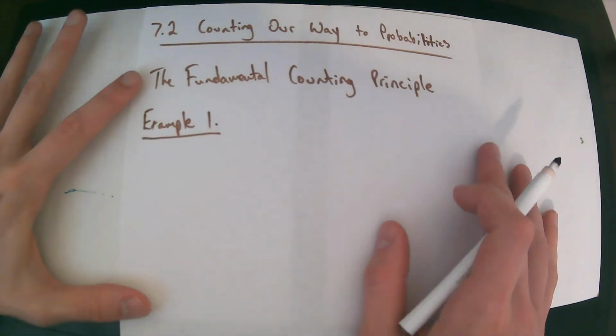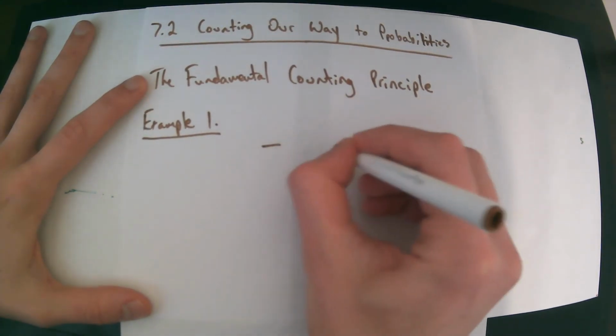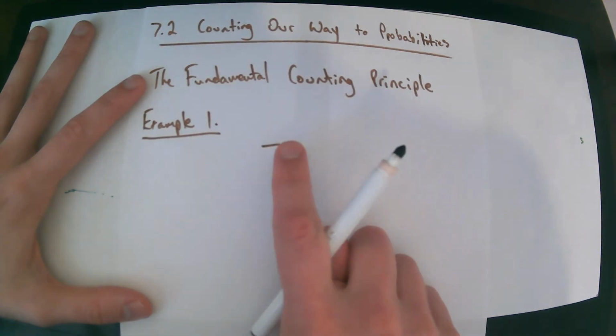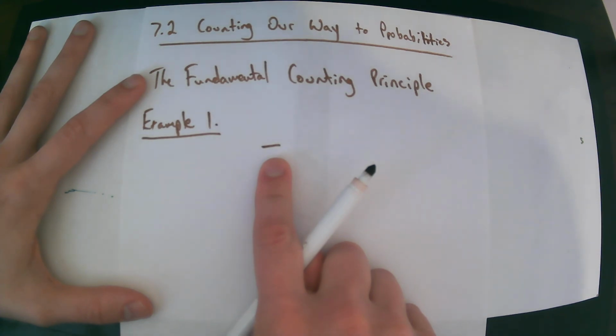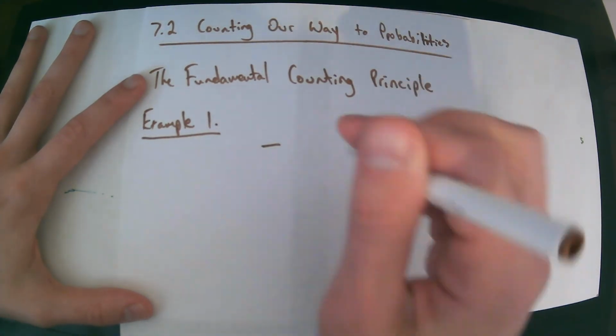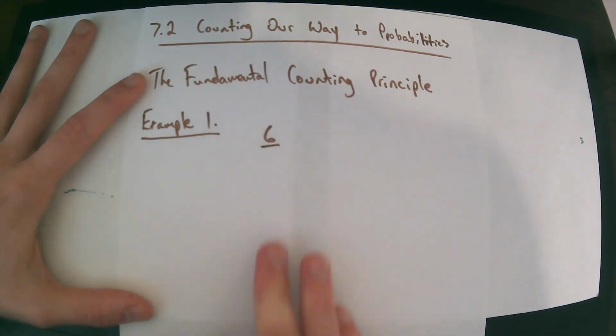So one technique is to draw little blank spots representing each option here. The first slot represents the 6 options for the proteins. So I would write a 6 there, representing the 6 different options in that first category.